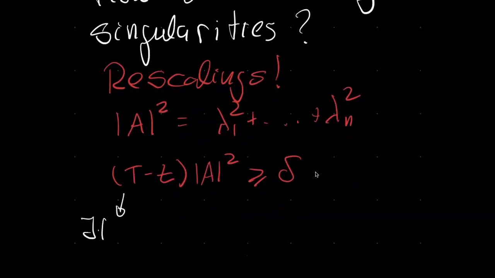So if you have an upper bound as well, then you say the singularity is type 1.